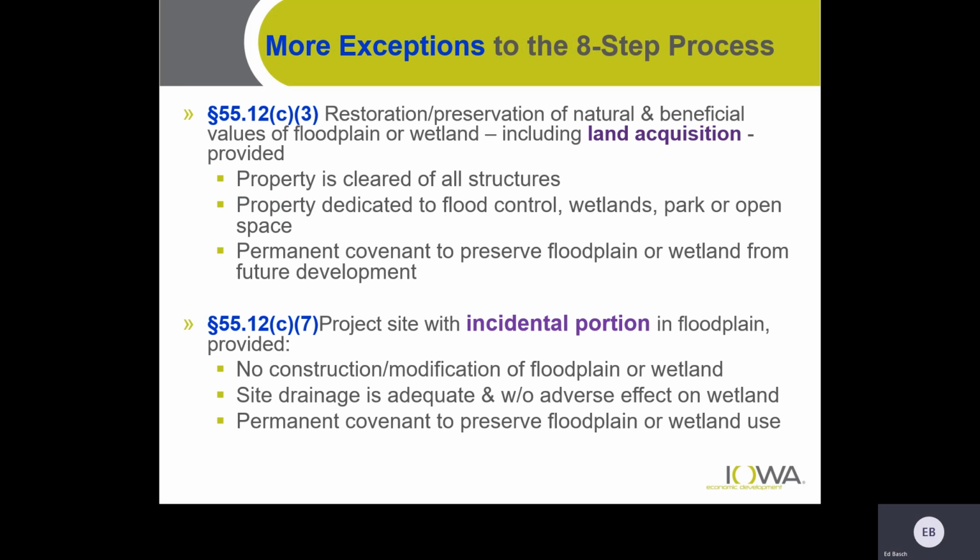All right. Other exceptions: restoration, preservation of natural and beneficial values of a floodplain or wetland, including land acquisition, provided the property is cleared of all structures, the property is dedicated to flood control, wetlands, park, or open space, and a permanent covenant to preserve the floodplain or wetland from future development is in place.